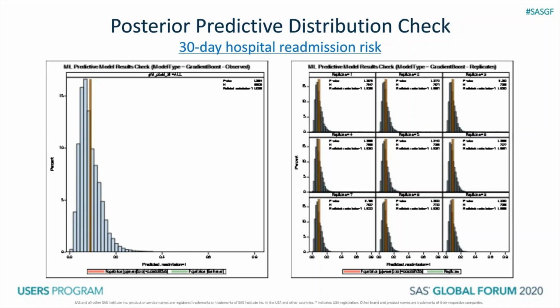The test statistics and the p-value suggest that there is no apparent discrepancy or deviation of the model fit of the training data when compared to the model fit of each replicate sample.